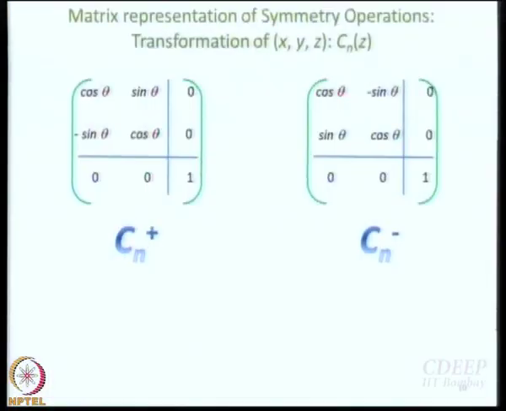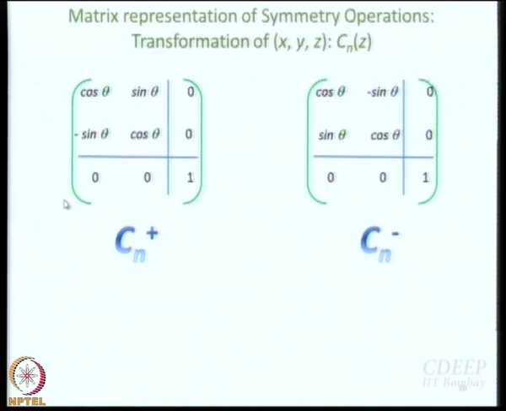Same thing, okay, right. Now let us turn our attention to a little more complicated matrix that we had encountered earlier. Remember these matrices? We had used the coordinates of a point x, y, z as the basis, and we had worked out these matrices for a Cn rotation.